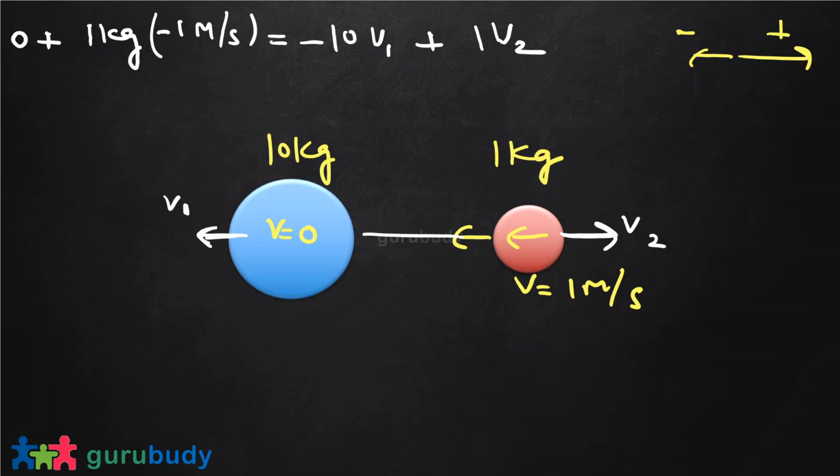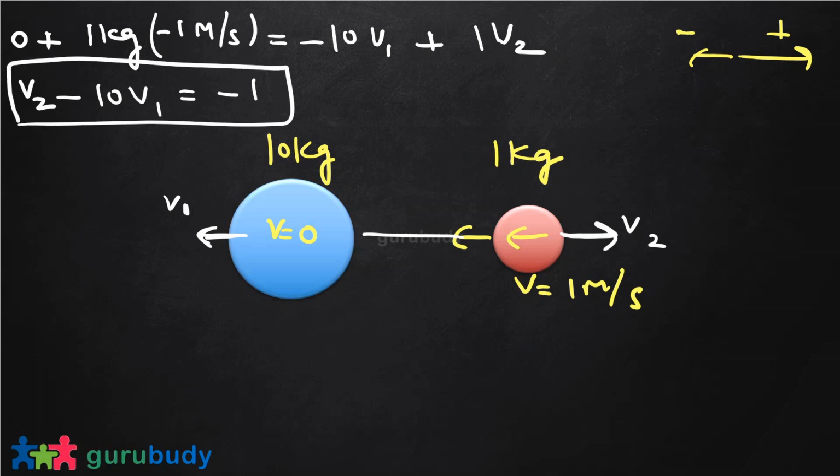So I can easily write that v2 minus 10 v1 is equal to minus 1. Even though I don't know v2 and v1 at this point, this relation is true because of the law of conservation of momentum. Initially this object was at velocity 0, but it will have some velocity after the collision. So just remember that the law of conservation of momentum is telling me the sum of initial momentum is equal to the sum of final momentum.